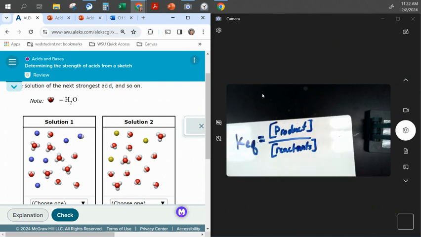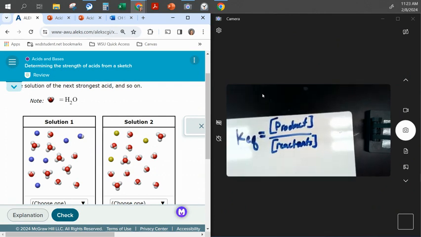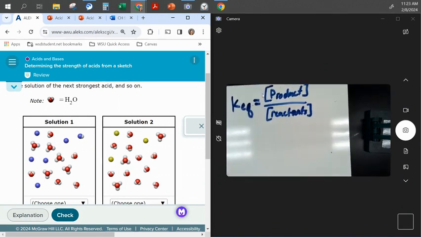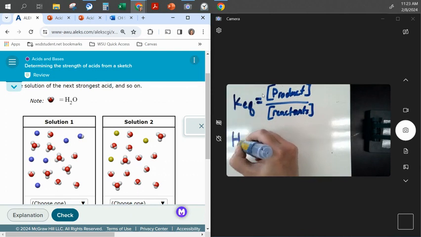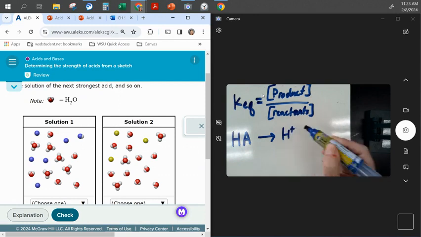Does that sound familiar? Okay, so we're going to do the same thing, but instead of products and reactants, we're going to be looking at the acid and base reaction. The reaction we're thinking about is we start with some kind of acid, our representation of an acid, and then it splits into H plus and the conjugate base.